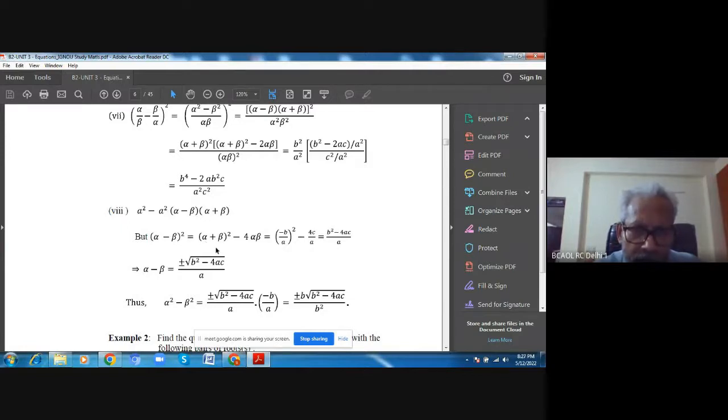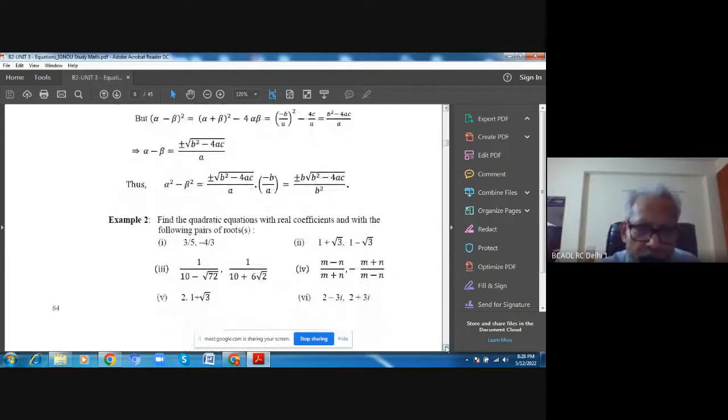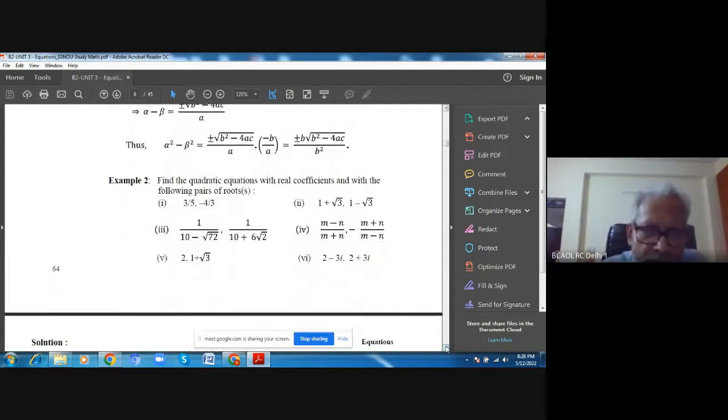When this formation comes, you can put minus b by a, no problem. When alpha beta, you know c by a. Then after that, the formula. I can go later.